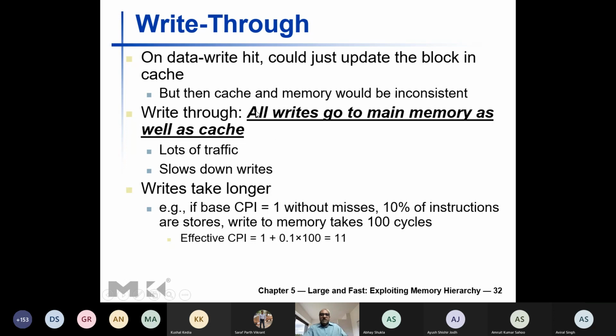In that case, we say the contents of main memory and the cache are inconsistent with respect to that particular block. So we always need to maintain synchrony between them. Whatever the cache contains, a copy of that has to be present in the main memory also.